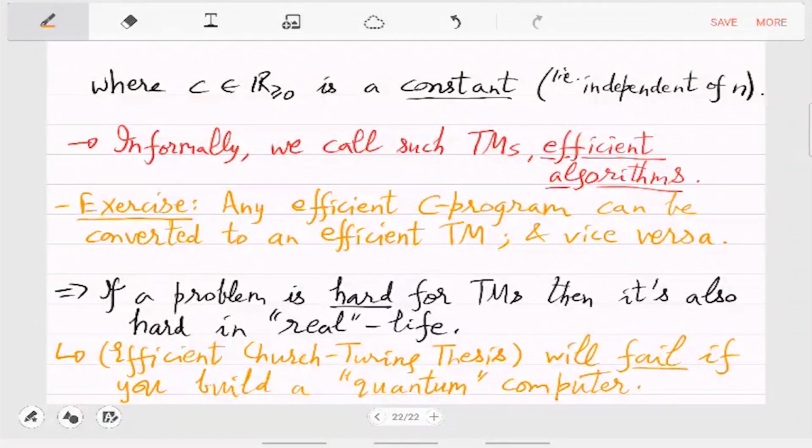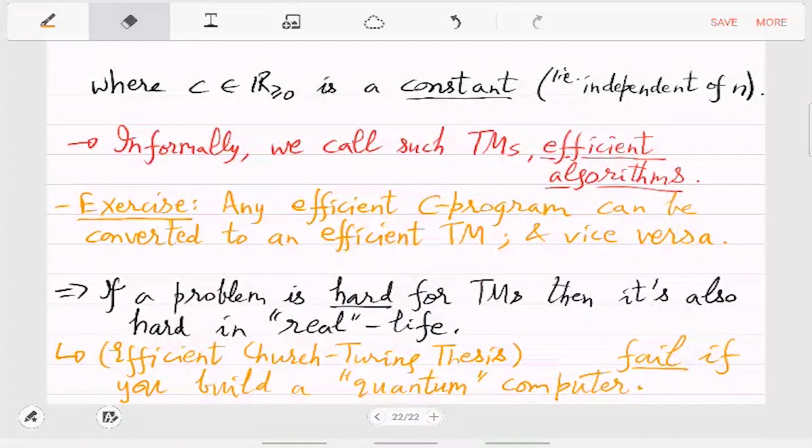Okay, so this is why there is a problem in efficient version of Church-Turing thesis, that it may not be true that any efficient problem can be solved on real computers. There might be some other architectures or physical devices which may solve a problem faster.